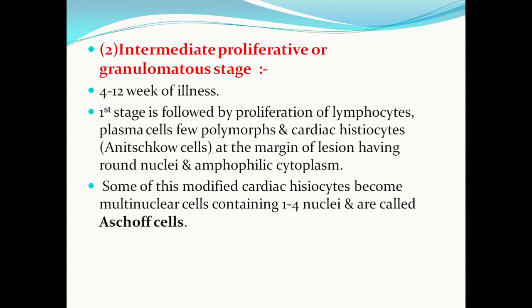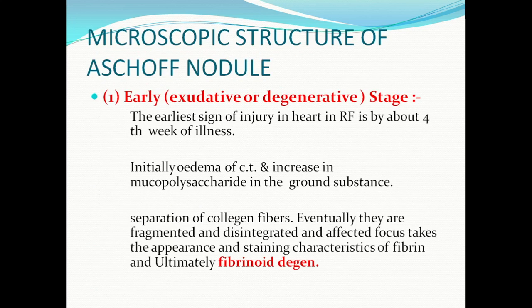So now we will discuss the stages in detail. The first stage is the early exudative or degenerative or fibrinoid stage, right? So what happens in the early stage? It is the earliest sign of injury in the heart in rheumatic fever, by about the fourth week of illness.